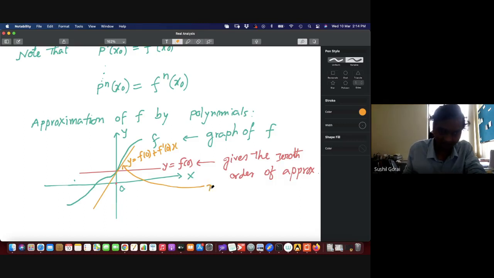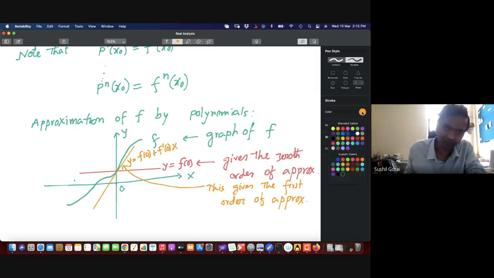This gives the first order of approximation. I'll make these things precise. What does this mean? This approximation holds in a small neighborhood of the origin.